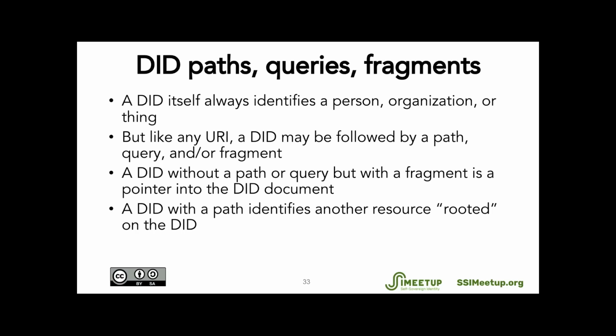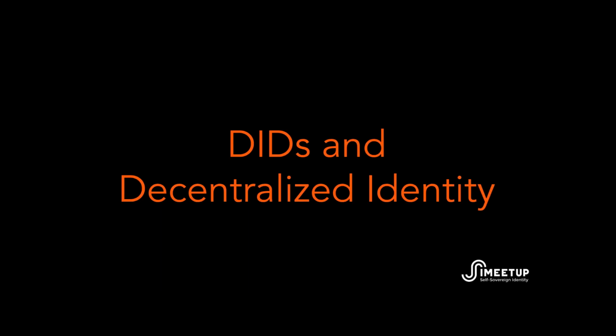If you have a path, then you are basically using the DID to route access to some resource that's not in the DID document. If there's no path, then a query or fragment is addressing things in the DID document itself. All this is covered in the DID spec, and that's the guts of DIDs.